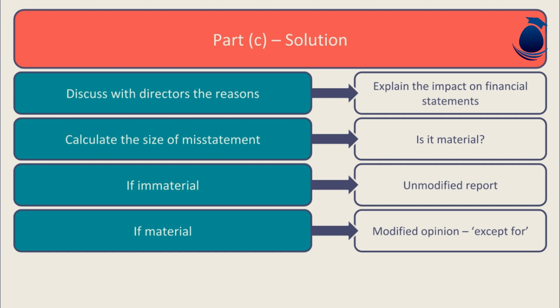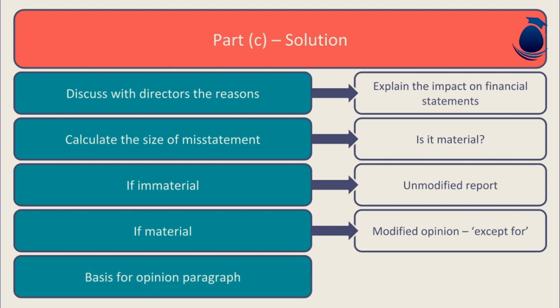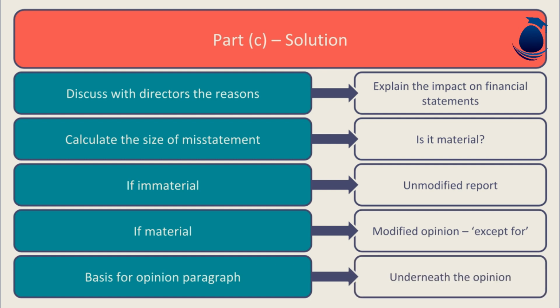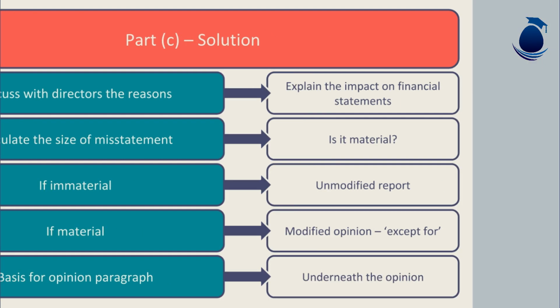The opinion section should include an except for opinion. A basis for opinion paragraph underneath the opinion should then explain the misstatement found and the impact it would have on the financial statements. This 20-mark question has covered some key areas of the audit and assurance syllabus.